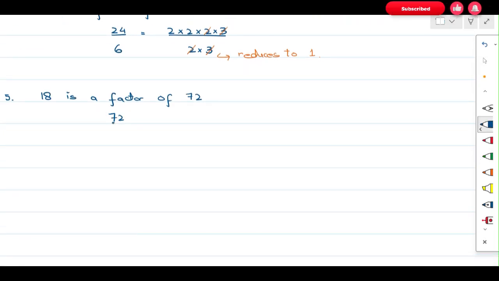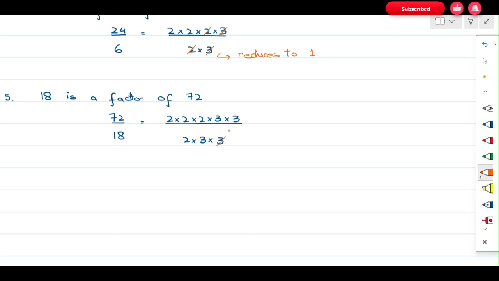Is 72 fully divisible by 18? Write down the prime factorization of 72 and 18. The prime factorization of 72 is 2 times 2 is 4, 4 times 2 is 8, 8 times 3 is 24, and 24 times 3 is 72. Dividing by 18, whose prime factorization is 2 times 3 is 6, and 6 times 3 makes 18, right?